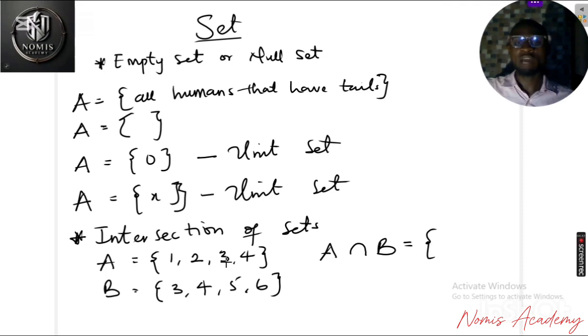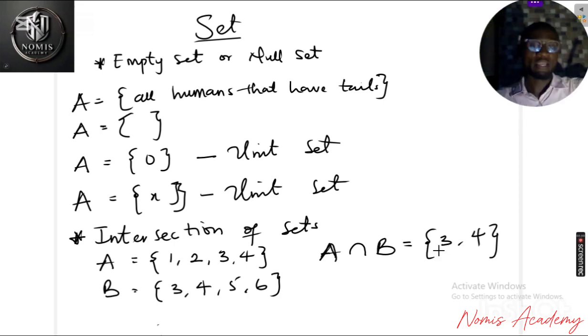We have 3, because 3 is among the elements of A, and 3 is among the elements of B. So A intersect B is equal to the elements in set A and set B that are common. Common elements in sets A and B are what we mean by intersection of sets.